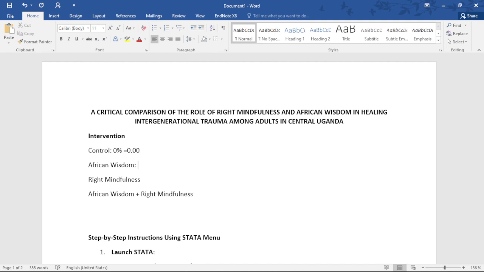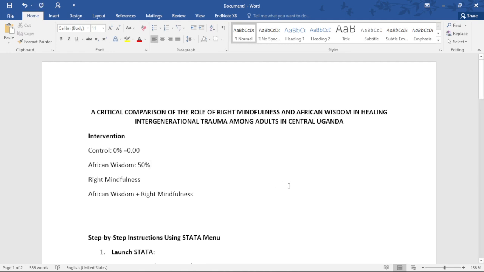Now for African wisdom, which is one of the treatment measures. African wisdom, as per this study, was a new intervention being brought up. It was being tested. Therefore, you have to make an assumption about what you think is going to be the mean or the moderate performance of that intervention. We don't want to keep our options very up or very down, so we can give it an intermediate level, 50%.